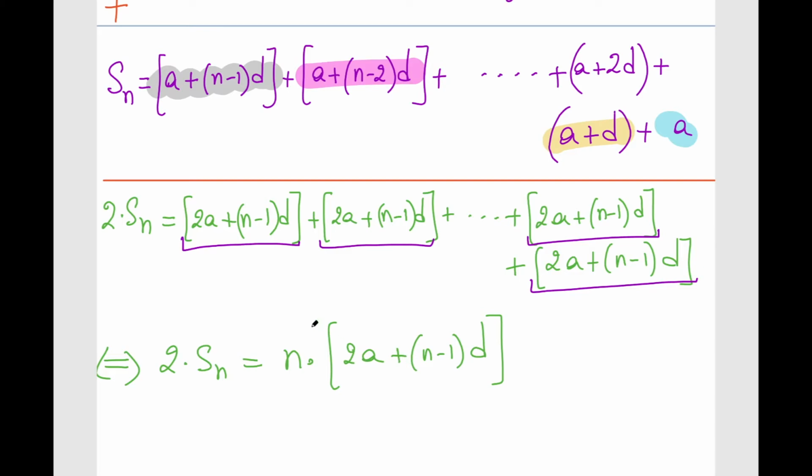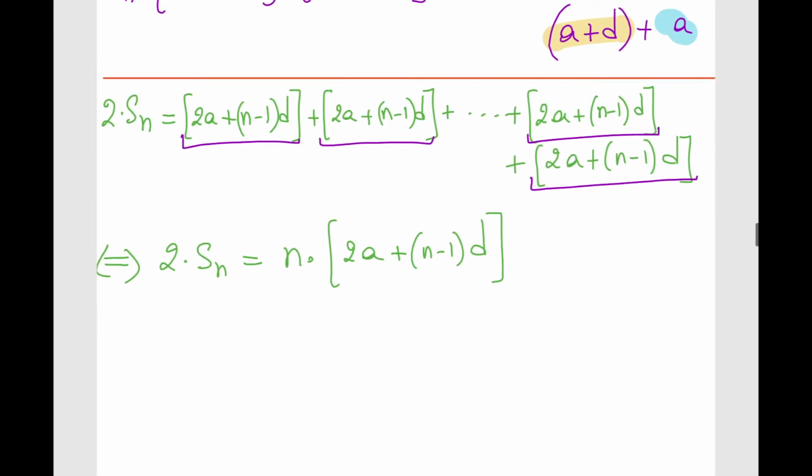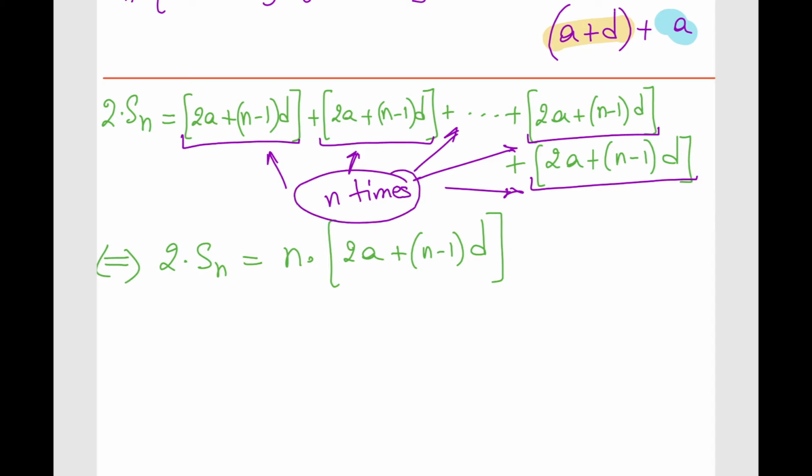Do you agree with me? Again, I have n copies of the same package added together. You get n times that package. Very good.